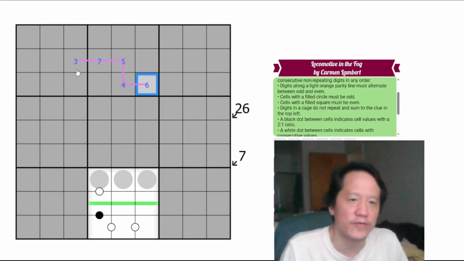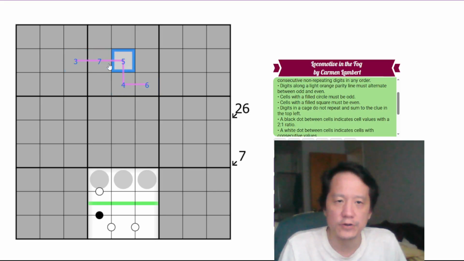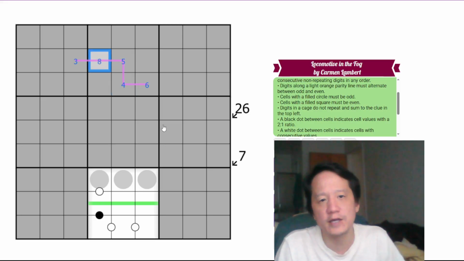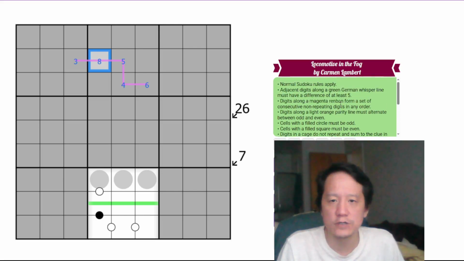And that would satisfy this Renban because you would have the digits from 3 to 7, which means they are all consecutive, and there are no repeats along this Renban. What would not work is something like 3, 8, 4, 5, 4, 6, because there's a gap between the 3, 4, 5, 6 and the 8. So that's how Renban lines work.